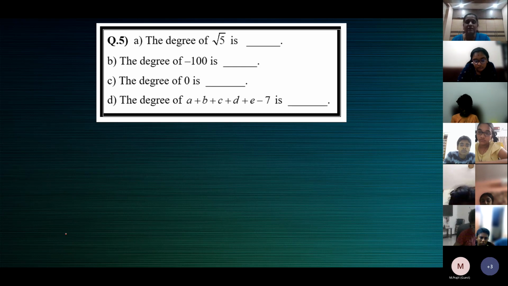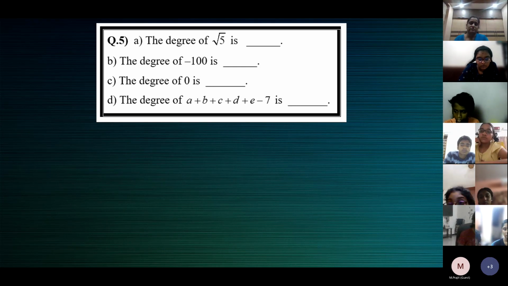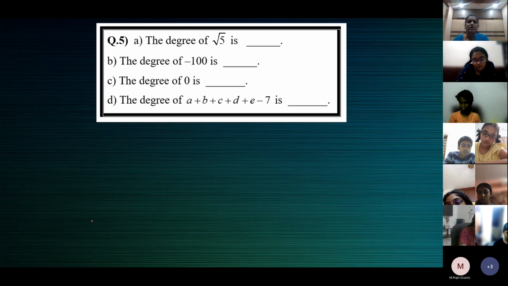Every real number, that is all rational numbers and irrational numbers, except 0, are called constant polynomials because they're all constants. They all have a fixed value. A constant is something that has a fixed value.